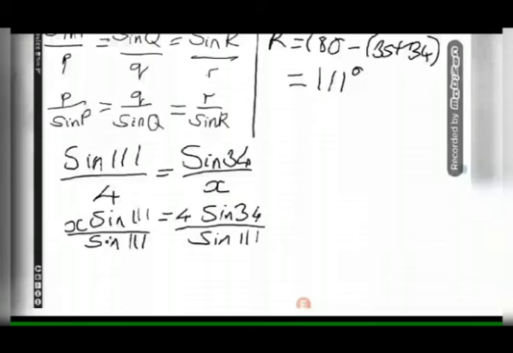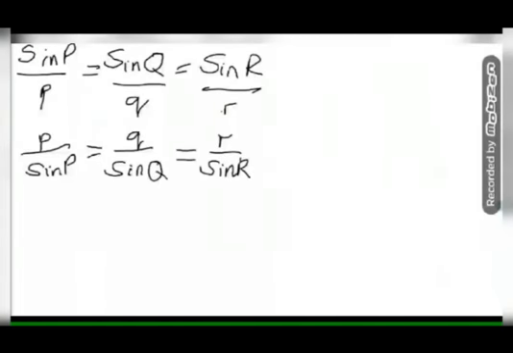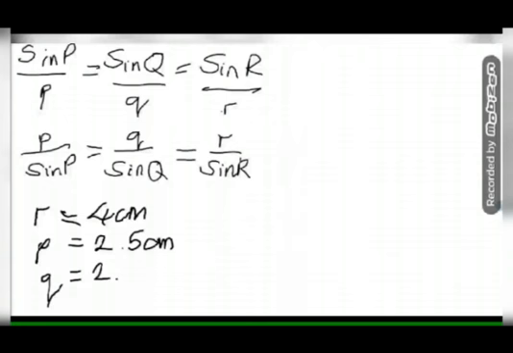Punching this into our calculators shows us that x is equal to 2.395, and the number goes on and on. We round it off and we get 2.4 centimeters. We have successfully figured out the values of sides p, q, and r. r is already given to us, and that's 4 centimeters. p is 2.5 centimeters, and q is 2.4 centimeters.